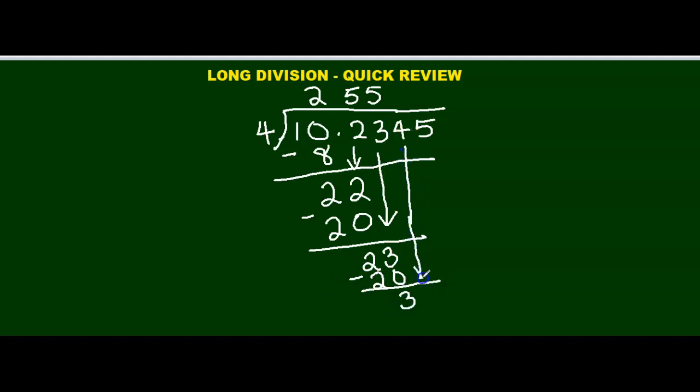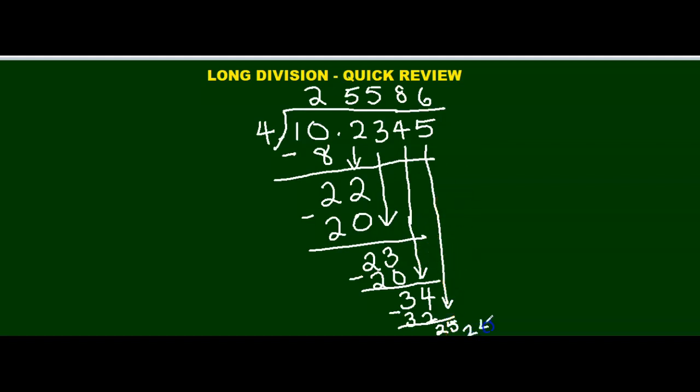Bring down your 4. 8 times 4 is 32. Minus. That's your 2. Bring down your 5. And 6 times 4 is 24.